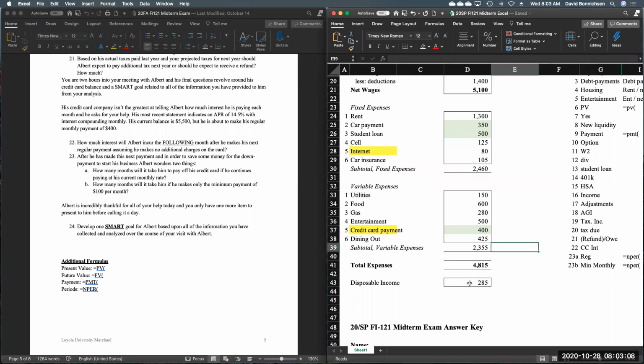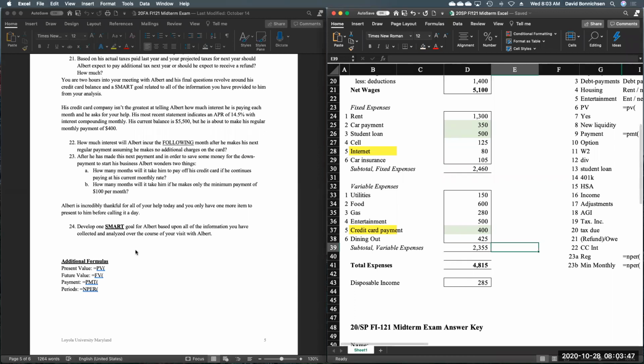So if you got points taken off on this final question, you got points taken off because you literally did not go and write down each letter of the acronym and give me a response for each letter, okay? I know it sounds silly, but if you can get yourself disciplined enough as you're creating your own goals for your own financial plan, okay, using the SMART method is very, very effective, because it doesn't give you any wiggle room, doesn't give you any gray area. It establishes a very, very obtainable objective goal for you, okay?